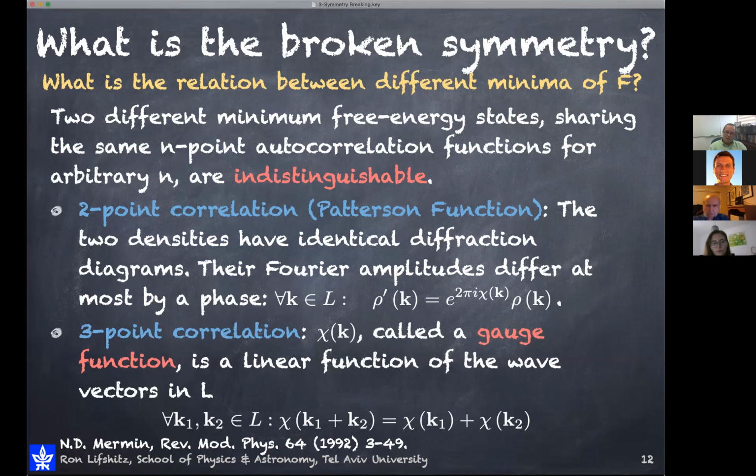And in fact, it turns out, again, in generic situations, that if two densities share the same 2-point and 3-point autocorrelation functions, generating this kind of structure with a gauge function, then all higher order autocorrelation functions will be identical as well, if the two densities are quasi-periodic, okay?